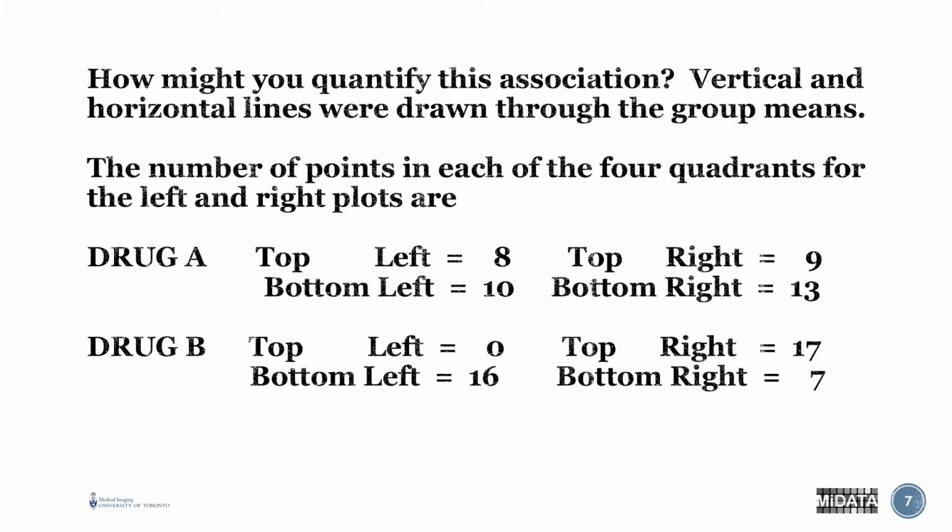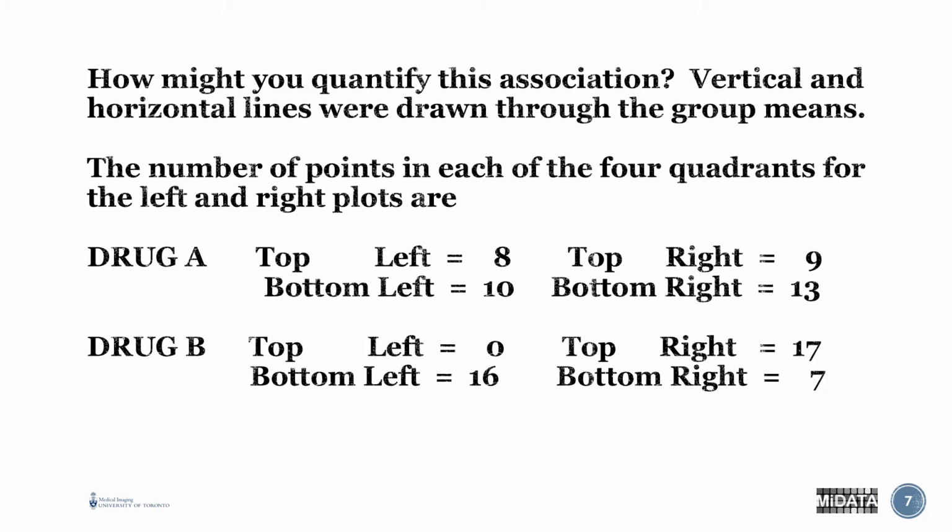The number of points for each of the four quadrants are listed here for you. You can definitely see that in drug A, the numbers for each quadrant are quite close. Whereas in drug B, as we already described, the top right and bottom left are definitely much higher in terms of number of points than the top left and bottom right.